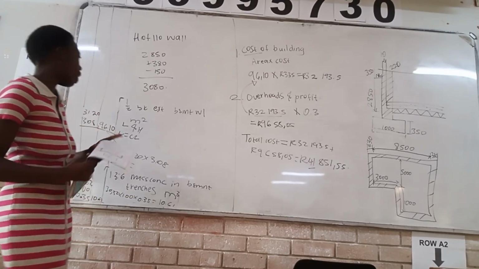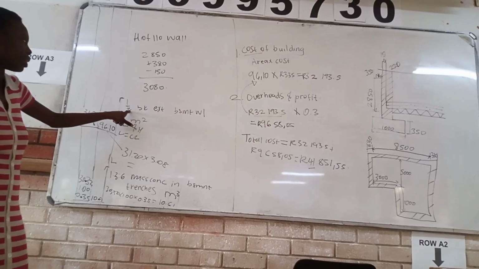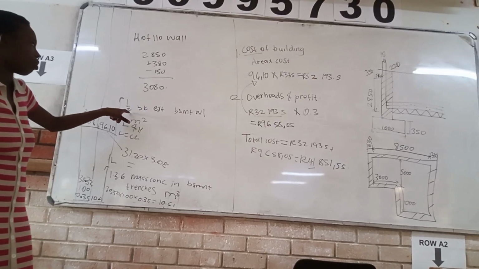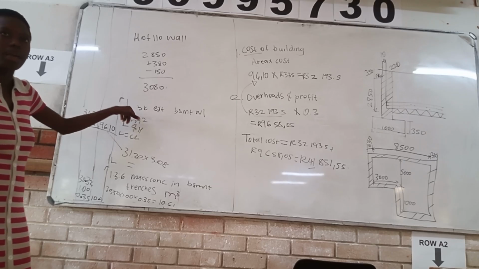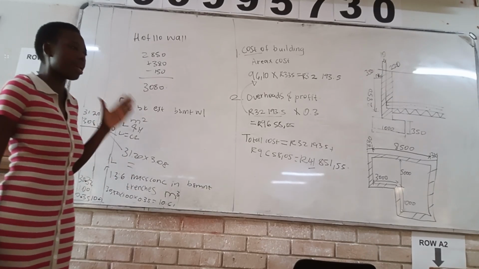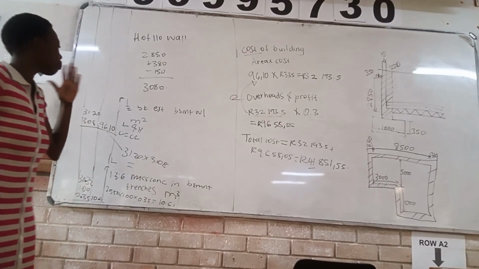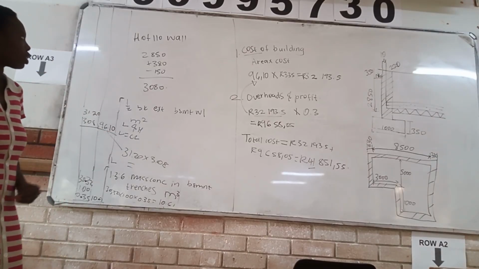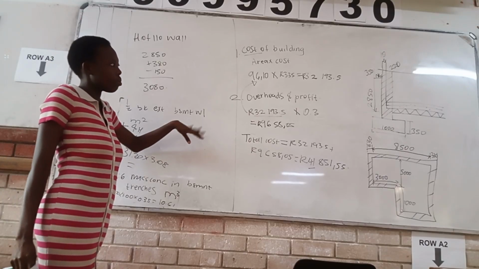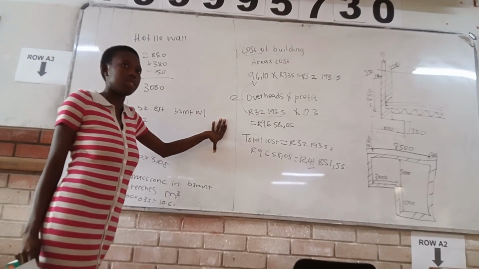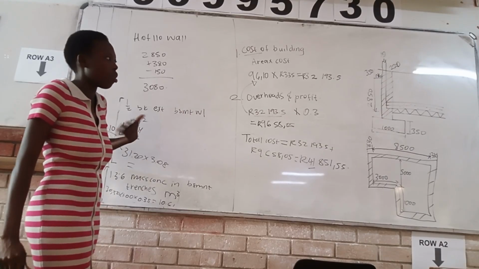To get the center line, we were instructed to take off the costing of the half brick wall, so the thickness of the wall is 110. So it's the perimeter minus 4 times the thickness of 110, and then we get our center line. After getting the center line for the 110 wall, you calculate the center line near the footing, or the 330 wall, because they are the same.